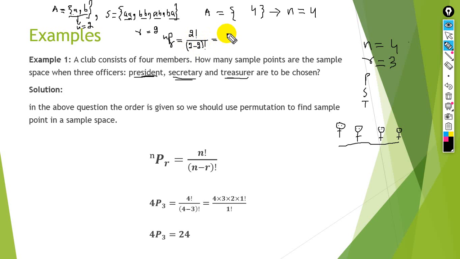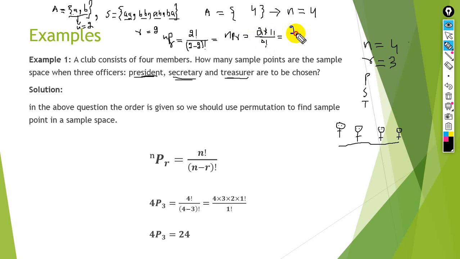So nPr is equal to 2 factorial, which means 2 multiplied by 1 factorial, divided by n minus r, which is 0 factorial, which will be equal to 1.